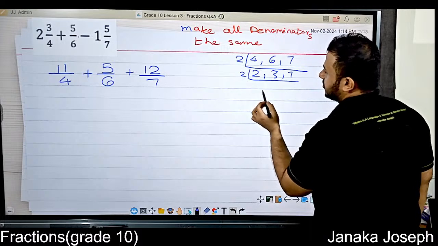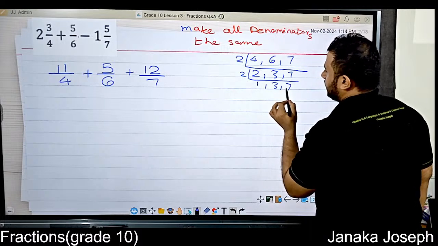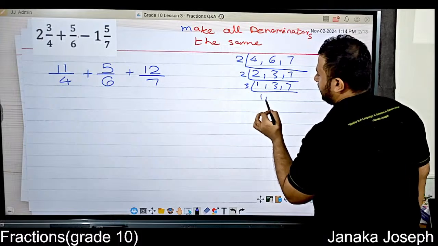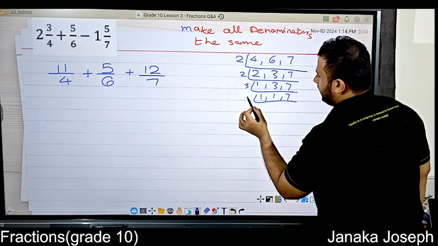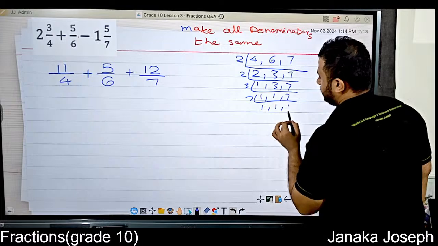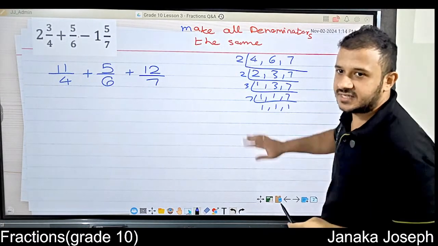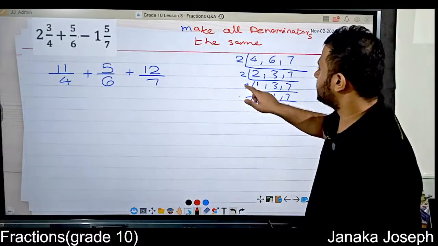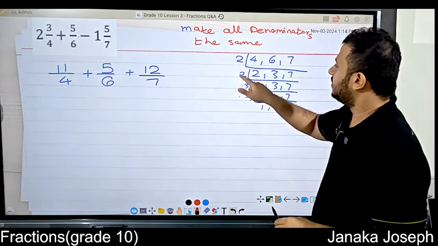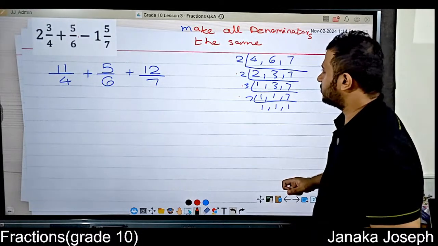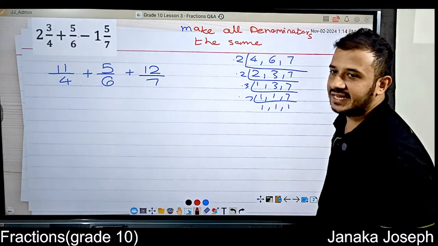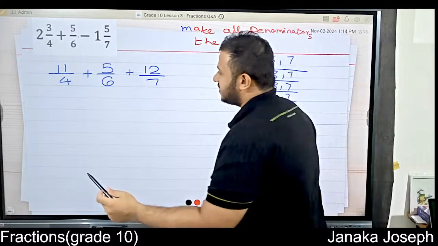Divided by 2 again because there's a 2 here. Now divided by 3. And then divided by 7. Now I've got my best denominator. What is it? 7 times 3 is 21, times 2 is 42, times 2 is 84. 84 is the best denominator.